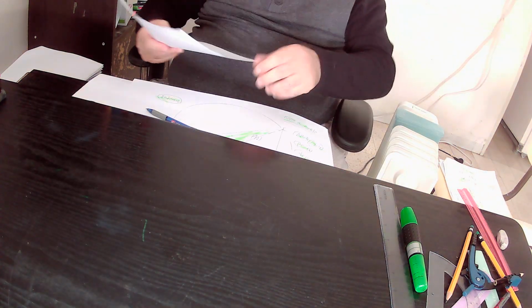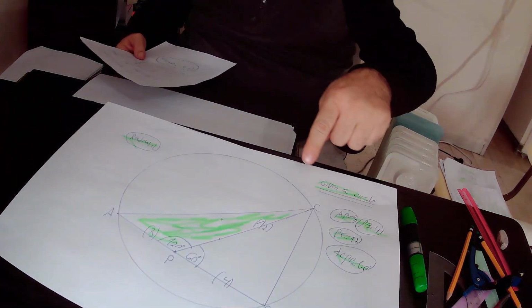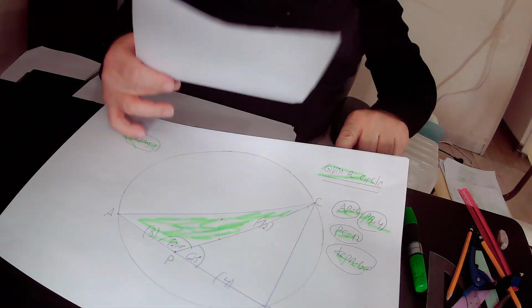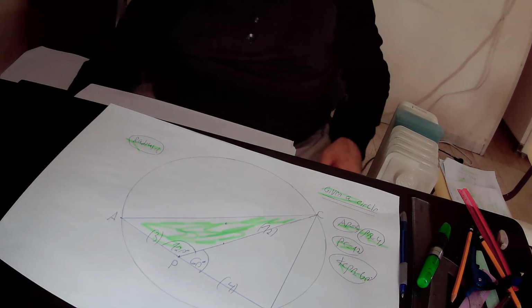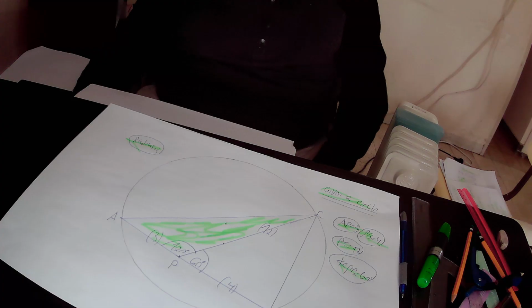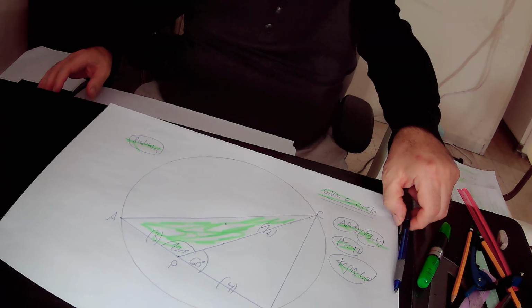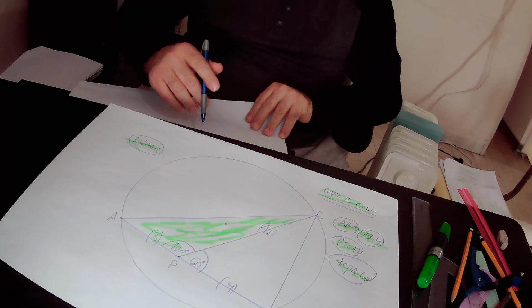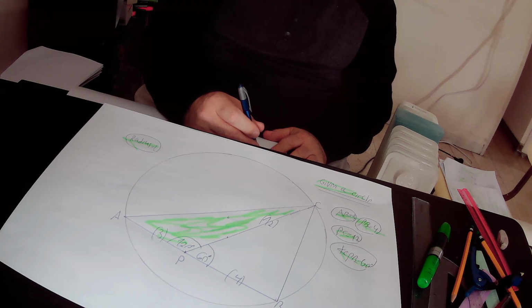So in the first step, we implement the law of cosines on this green triangle, triangle CAP.